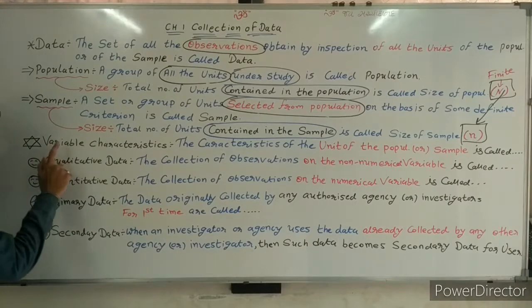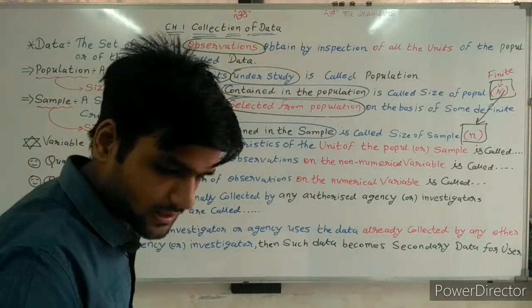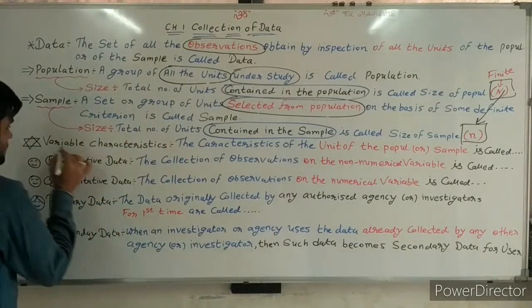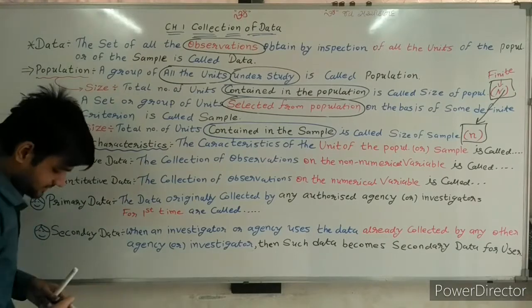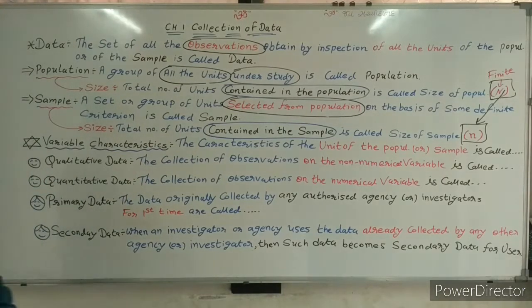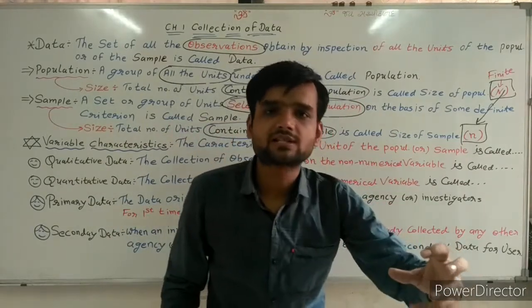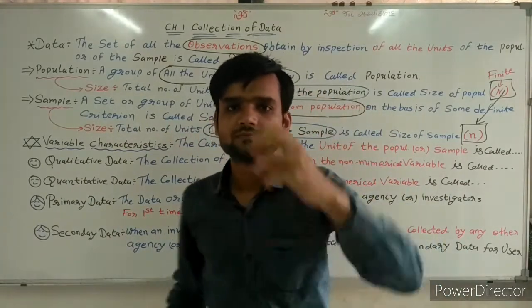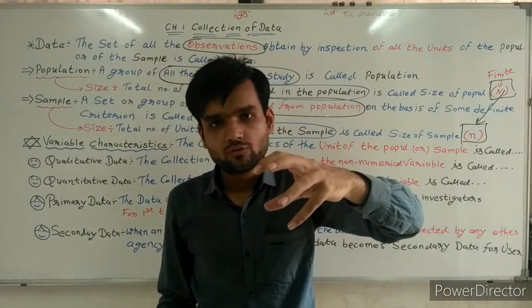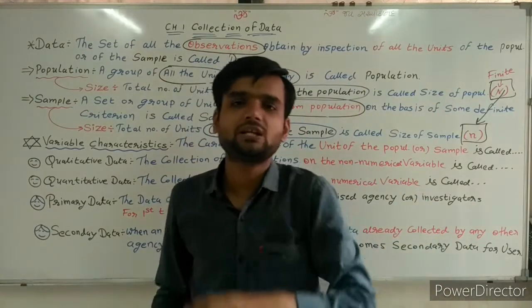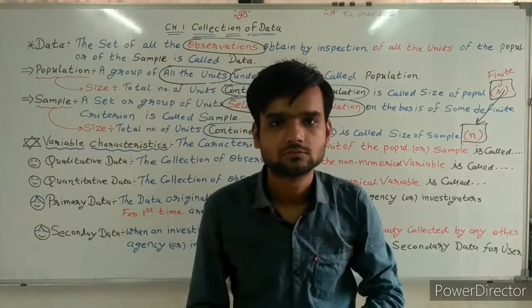Now, sir, variable characteristics. Now we are talking about variable characteristics. Suppose I am talking about characteristics of a business, characteristics of a particular company, characteristics of a particular person.